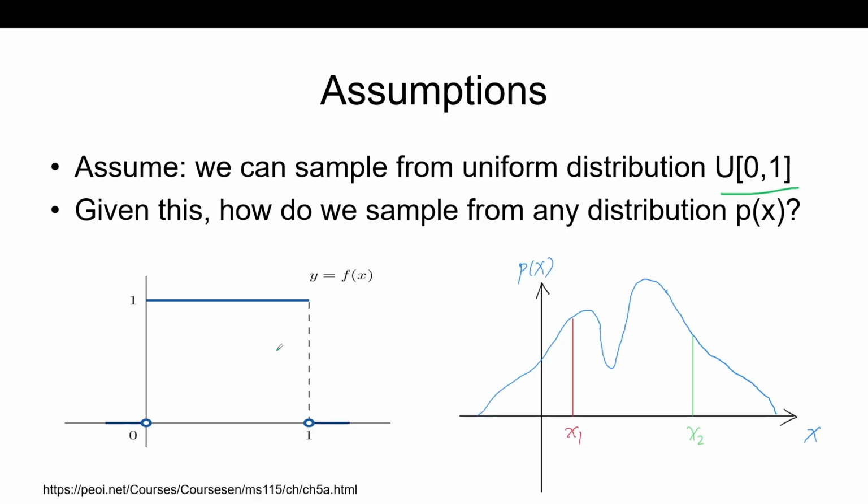That's very easy to do. Our question is, given that we are able to sample from a uniform distribution from 0 to 1, how do we sample from any distribution? For example, this distribution is complicated. How do we actually sample from it?